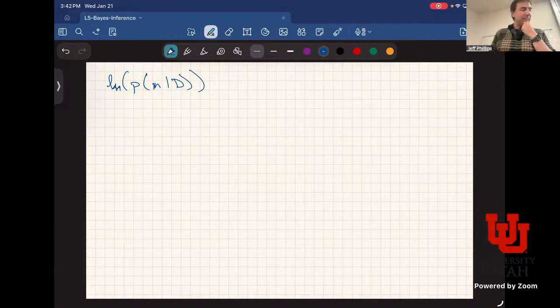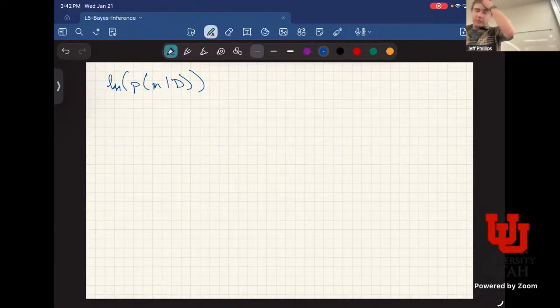Okay, this will work well. The log is not something you pass through something proportional.